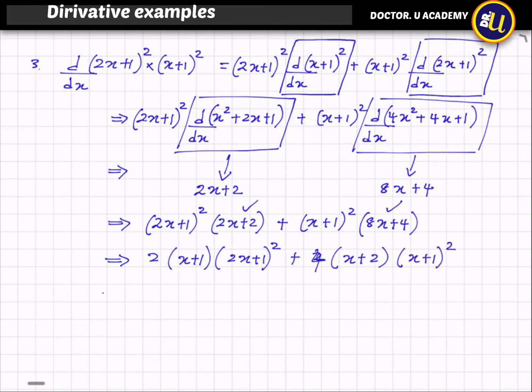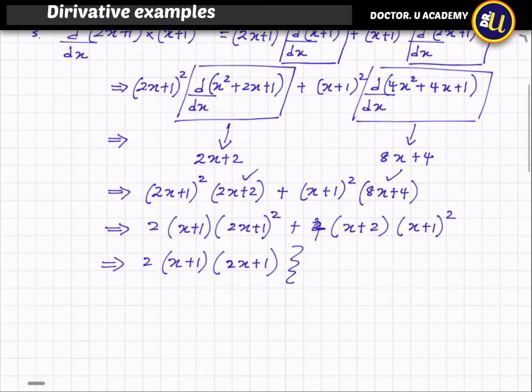So now you can see 2 is common, x plus 1 is common, and 2x plus 1 is also common. If you take those things out from the first term, 2x plus 1 is what is remaining, plus 2, here x plus 1 is what is remaining.